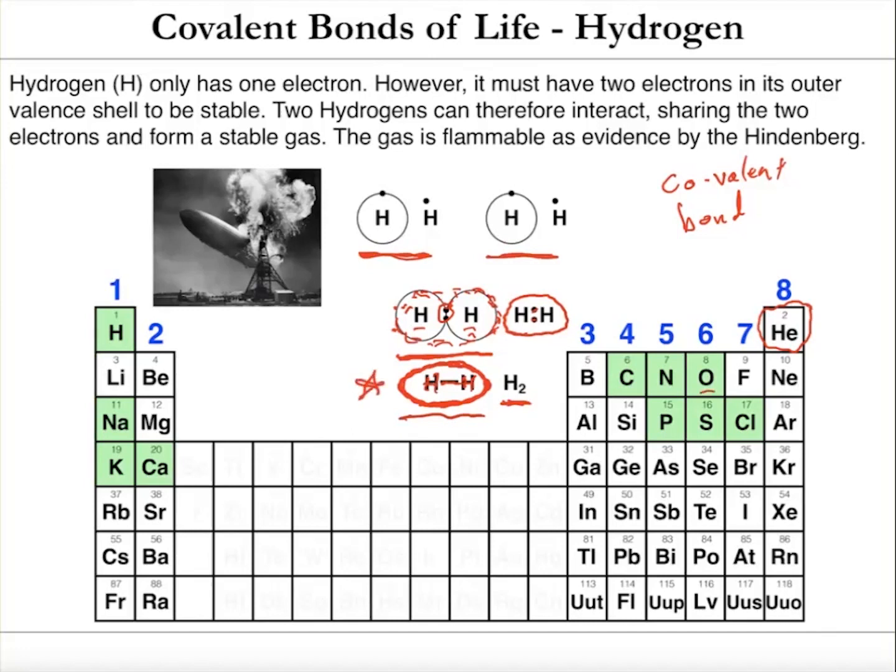It's lighter than helium because there are still only two protons in it, and that's why it was first put into blimps, which actually ended in disaster with the Hindenburg, because this hydrogen gas is very flammable, and that's why the blimp basically exploded for the most part. That's why we put helium into blimps now, because helium is stable just as itself. That bond can't be broken by external energy, because helium isn't interacting with anything since it fills its outer valence shell.